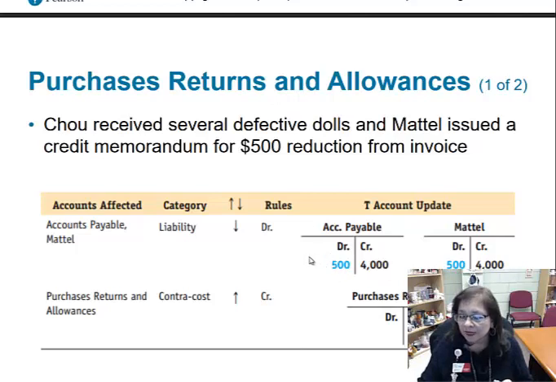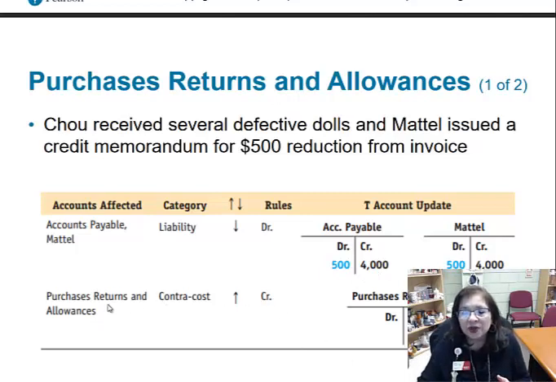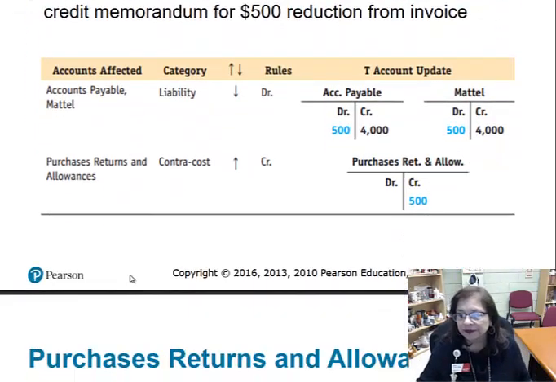You would debit your accounts payable, both for Mattel and for the controlling account, and then credit your purchase returns and allowances, showing that you've got a decrease in the amount of money that you're going to owe Mattel, which is only $3,500 now, okay? This is going to be a contra cost allowance from the items that you're purchasing. The other was a contra sales. This is a contra cost, okay?